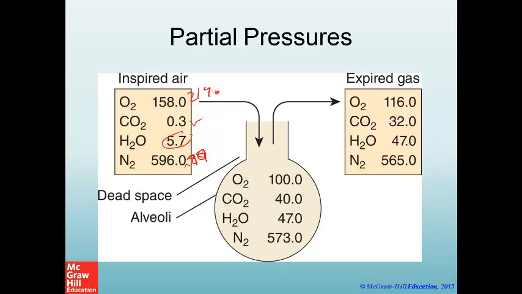And then this is going to be variable based upon the humidity of the air. Of course, humid air is more viscous, so it makes breathing more difficult. So if you're a runner running in humid conditions, breathing is more difficult than in low humidity conditions.